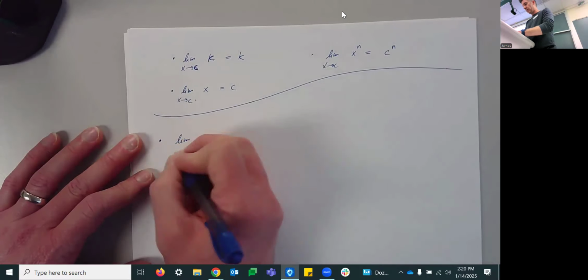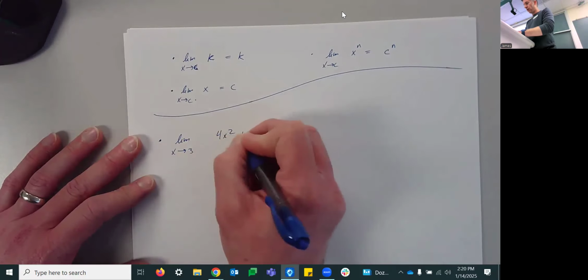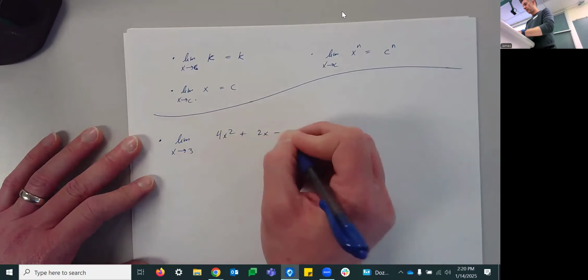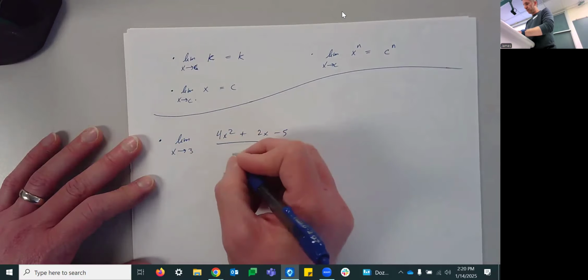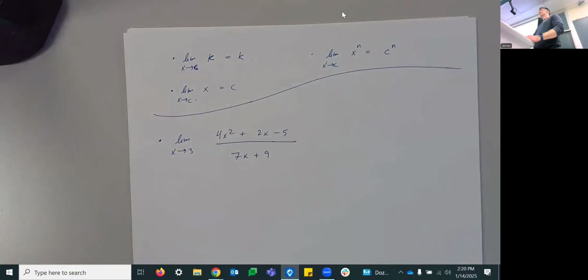What's the limit as x approaches 3 of 4x squared plus 2x minus 5 over 7x plus 9? And cite all the limit laws you have to use. So I'll point out the way you should do this problem, if you're not asked to do it in this terrible way, is you just plug in 3.